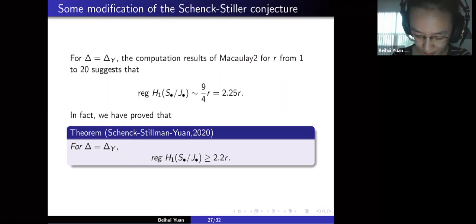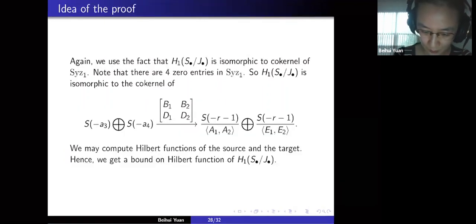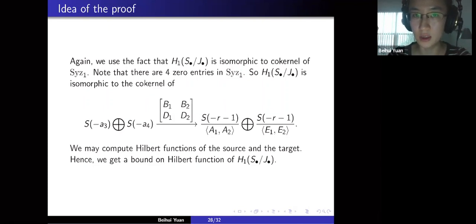And how did we prove this one? Recall that we have such a map, such a 2x6 matrix. And in that 2x6 matrix, there are 4 zero entries, right?